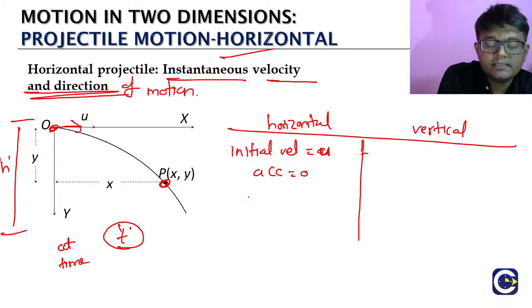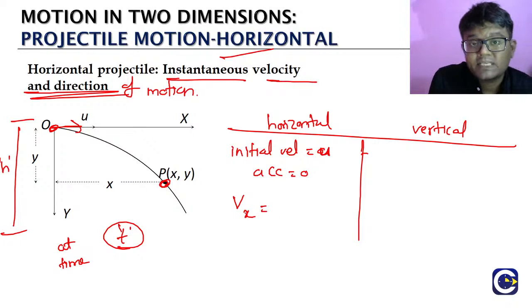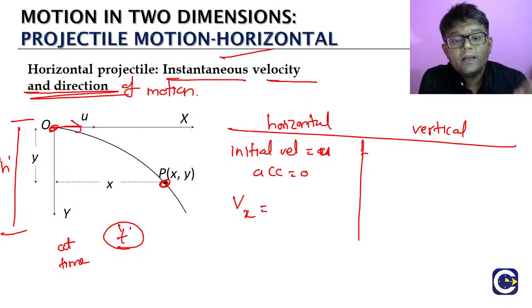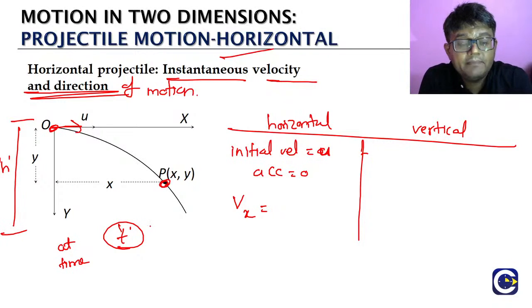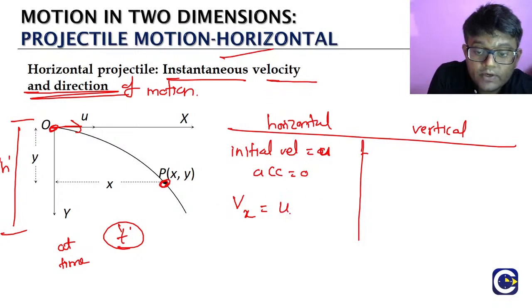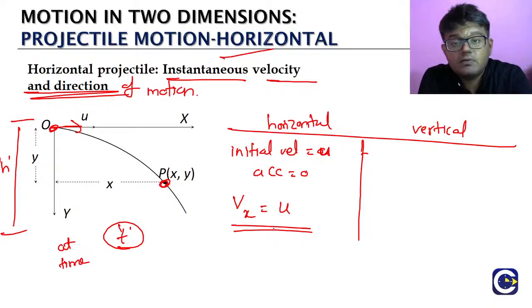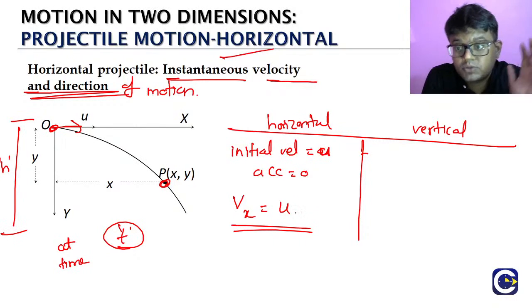Acceleration is 0, means at any time the final velocity, I am going to keep it as v subscript x. Why am I putting v subscript x? I am trying to tell that this is the x or horizontal component of the final velocity at time t, which is still going to be the same as our initial velocity, because it is uniform velocity motion.